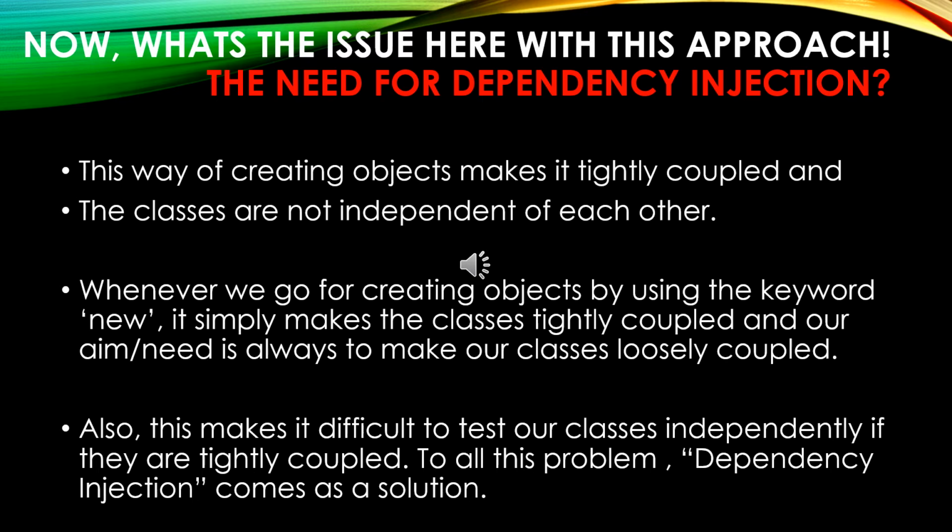This way of creating objects makes the classes tightly coupled. So the classes are no more independent of each other. If one class fails, the other class is definitely going to fail. So there is a kind of dependency among the classes which we always try to avoid. But whenever we create objects by using the keyword new, it simply makes the classes tightly coupled.